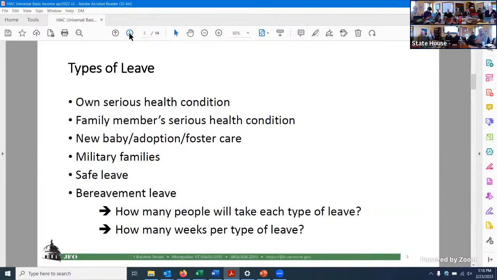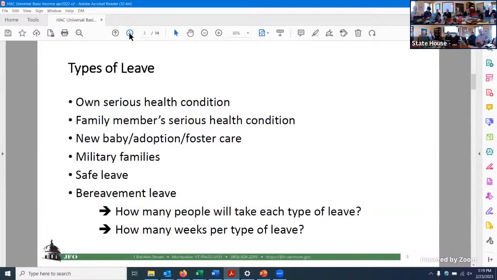So the big question for us modelers is how many people will take each type of leave and how many weeks of leave will they take under each type? Because of course, the bill will specify that you can take up to 12 weeks of most of these types of leave, bereavement leave being the exception, only 2 weeks for bereavement leave. But many, many people will not choose to take the full 12 weeks.